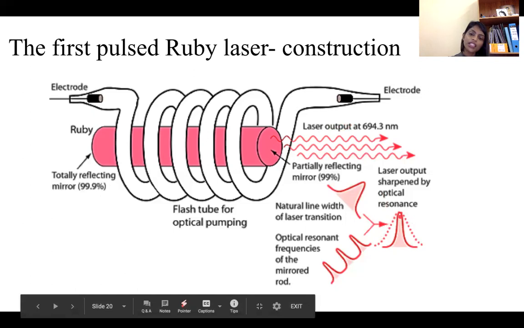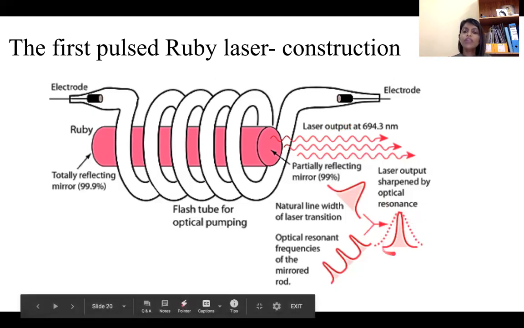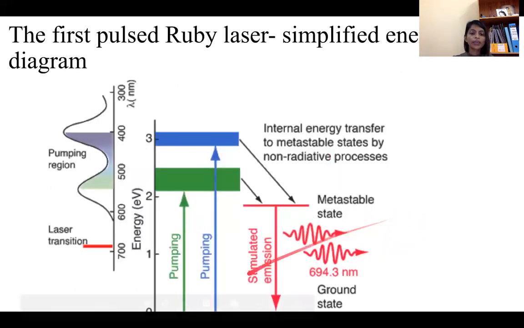But if you can achieve a very sharp output line, that means the wavelength of this output light, we can clearly say it's monochromatic. So we can achieve a good monochromatic light coming out of the system.